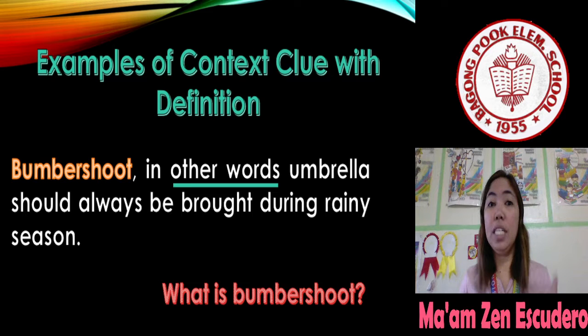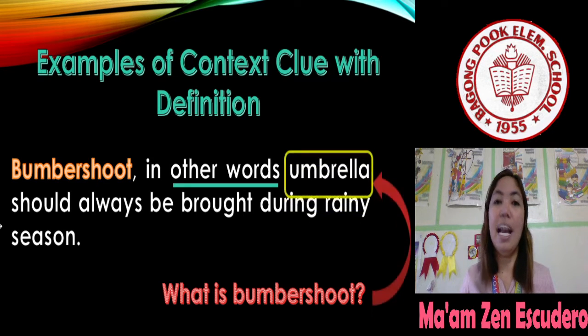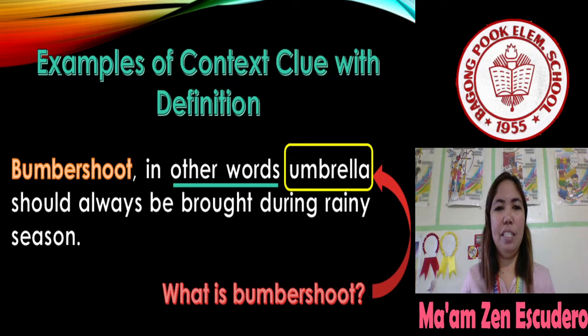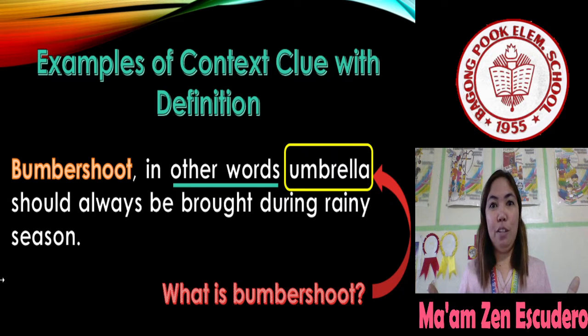So usually, the unfamiliar word is defined using the word that comes after the signal word. And the word that comes after the signal word is umbrella. Very good. Umbrella, so it means that bumbershoot means umbrella. So it is not difficult anymore and we can fully understand that bumbershoot is umbrella.